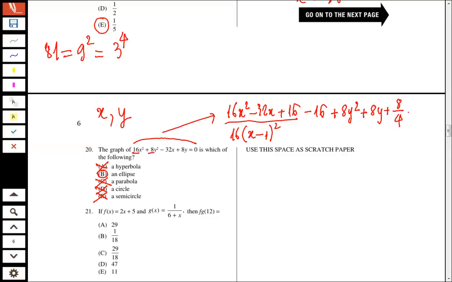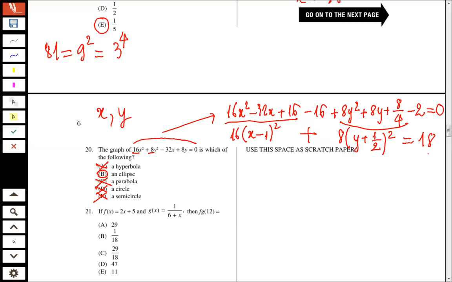Subtract number 2 equals 0. We put number 8 as a common factor. Here we have (y plus 1) squared equals 18.